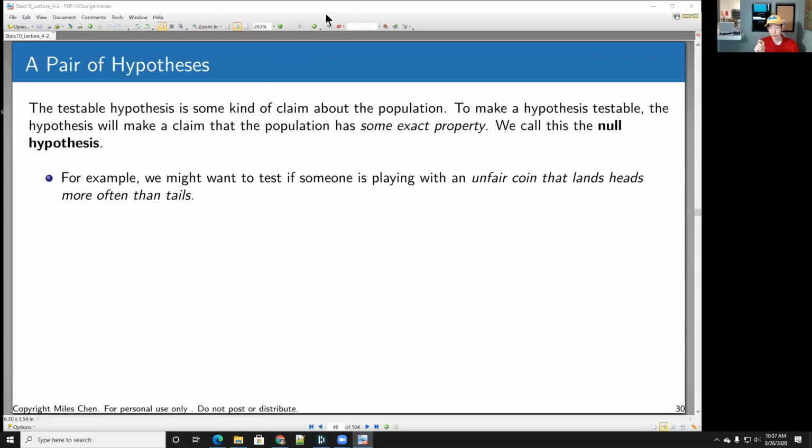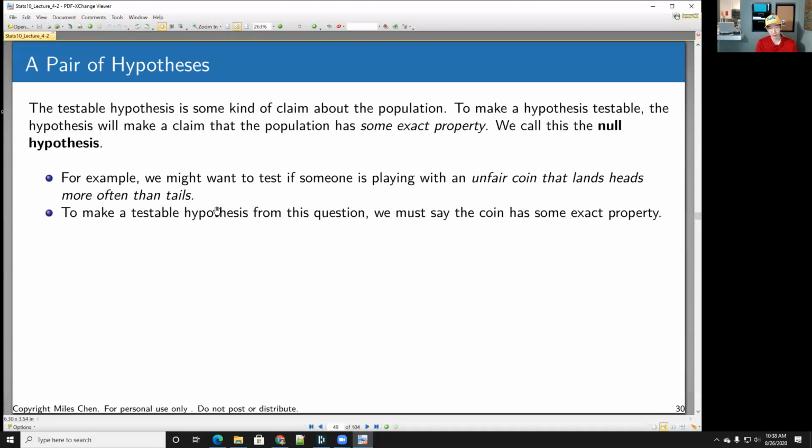So perhaps we want to test if someone is playing with an unfair coin that lands heads more often than tails. To make a testable hypothesis out of this, we have to say that the coin in the population has some exact property, that the population of coin flips will have a certain exact proportion.